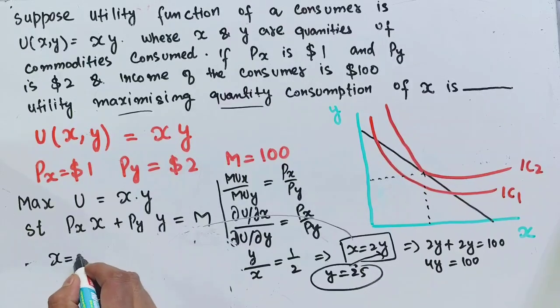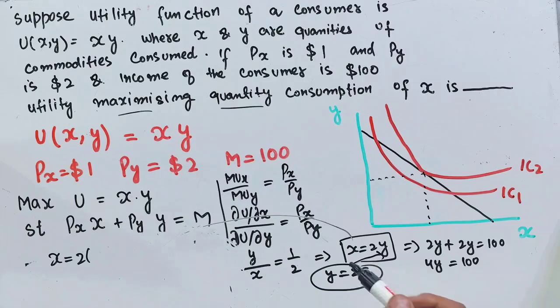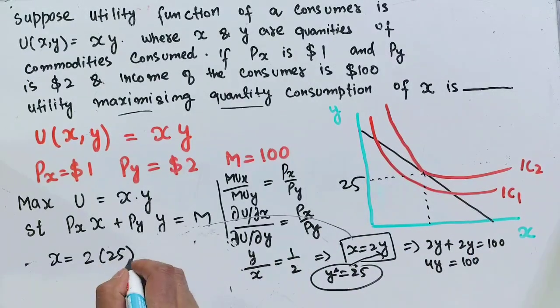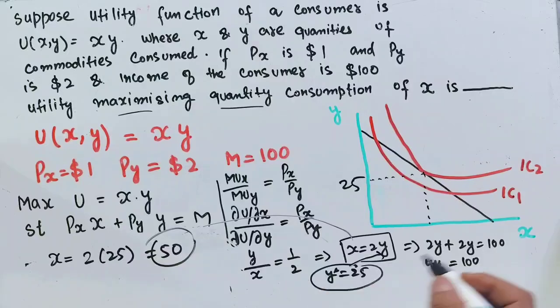That means x will be equal to 2 times the optimal value of y. If I write it here, it is 25. So x will be equal to 2 into 25, which is equal to 50. So 50 will be the optimal consumption of good x.